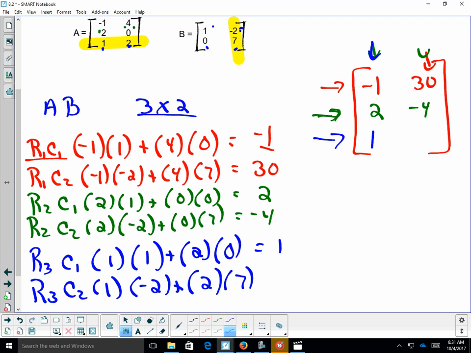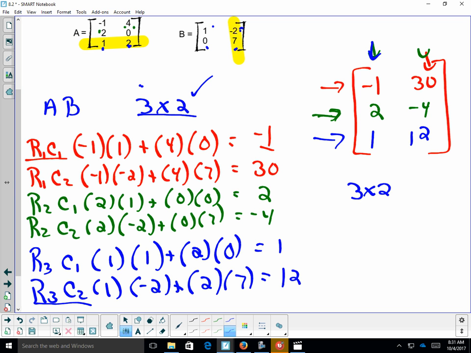So you have -2 plus 14, which will be 12. That answer goes in row 3, column 2, +12. And I'm done. I've handled every single row, multiplied by every single column. This is my answer, which is a 3 by 2, and that checks with what I was expecting. It's better to write this first, though.